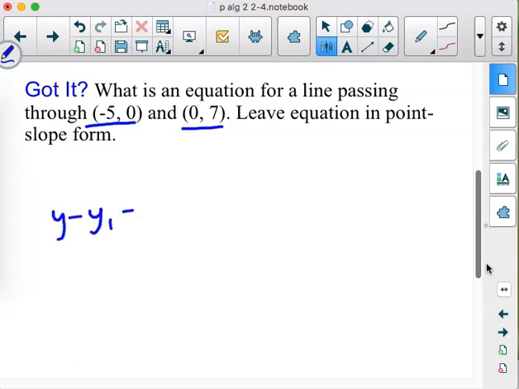Like this? Or were you thinking something else? Okay, so this thing is called point-slope formula. What do we have so far? Go ahead, Gavin. What do we have so far? What information, what are these called?